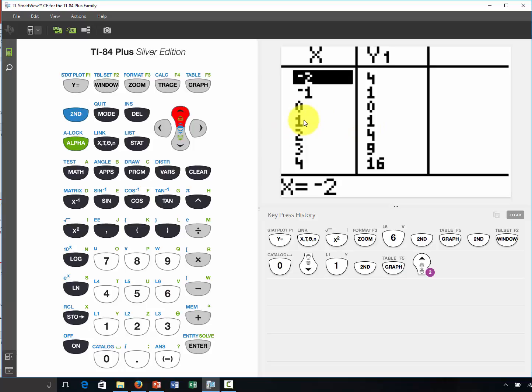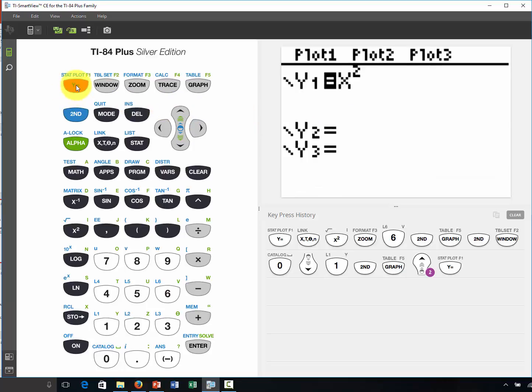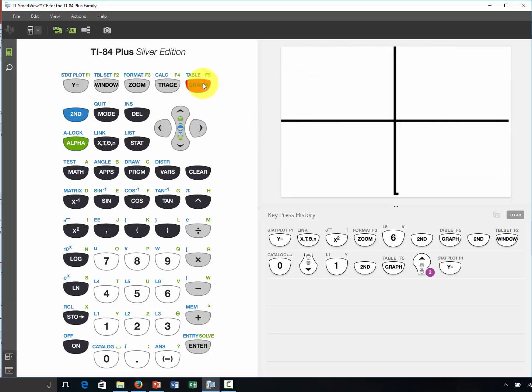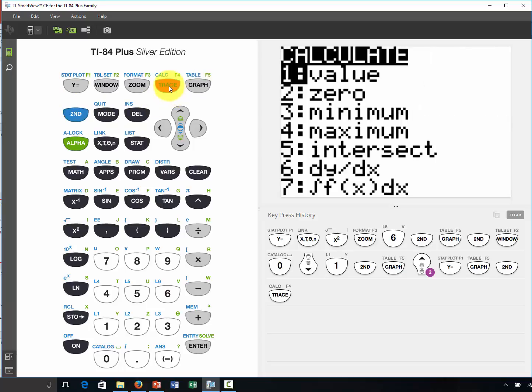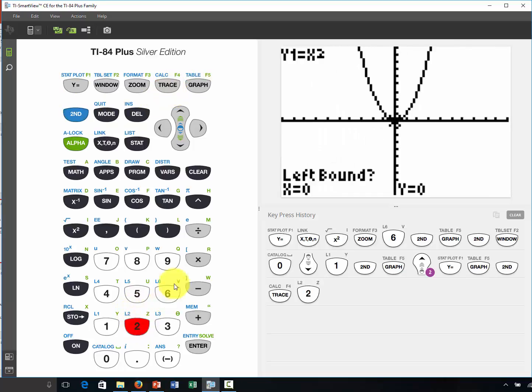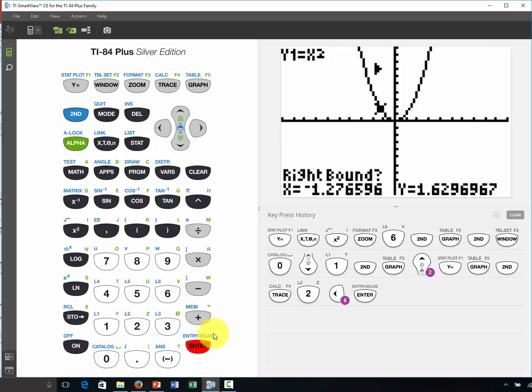Because if we take a positive number and square it, we get positive. If we take a negative number and square it, we get positive, because negative times negative is positive. So in this case, there's only one x-intercept at 0. But if we go back to the graph and we use our 0 command, so we'll go to the left of 0, hit enter.